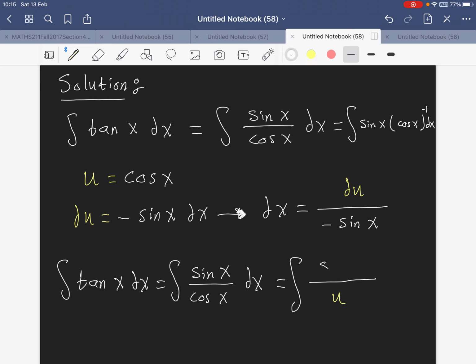The sine at the top, I keep it as it is. Now dx is minus sine x in the denominator, and at the top we have du, and off we go with cancellation. So we cancel sine x with sine x. Take the negative outside.